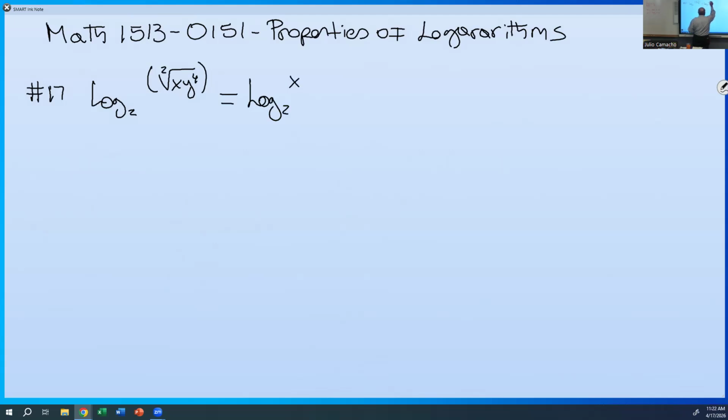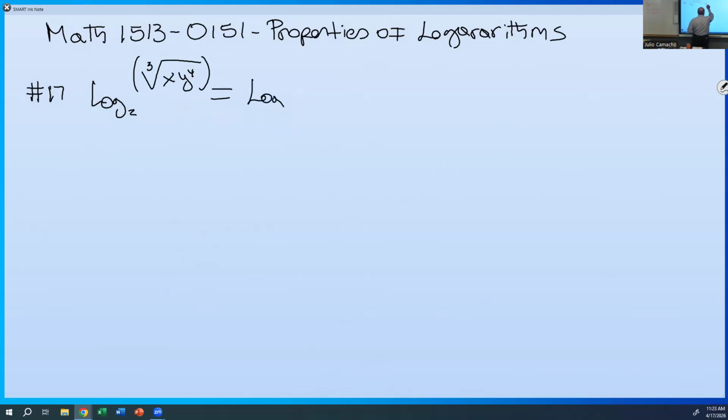Sorry, it's not a square root. What kind of root is that? Hold on. Oh, it's a third root. Let me do this again. It's the third root of x, y to the 4th power. That is your argument.